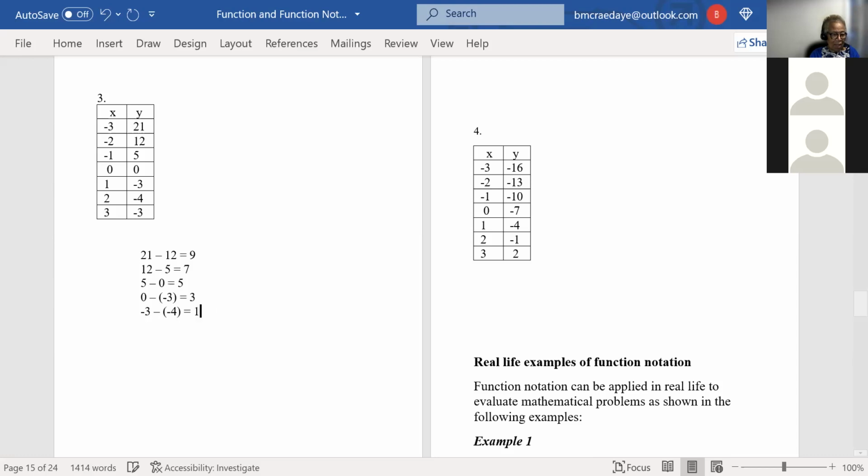You keep the sign of the bigger number, so a plus 4 and a minus 3 give you a plus 1. All right. Then minus 4 minus a minus 3, what is that equal to?